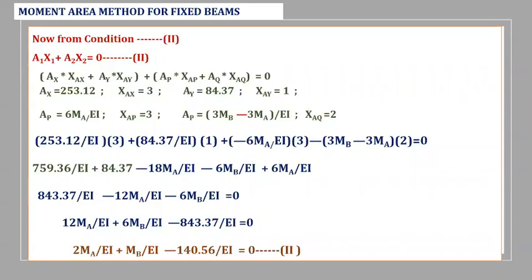Those who have completed condition 2, try to understand properly what its area is, what its centroidal location is, where we can give the positive, where we can give the negative. If you have any doubts in the beginning problem, please tell me. Don't copy and paste the same values.